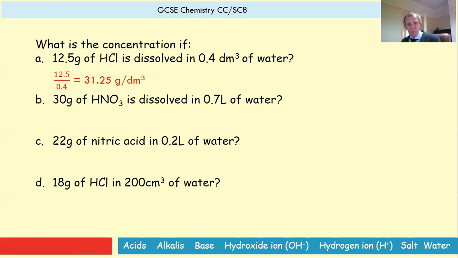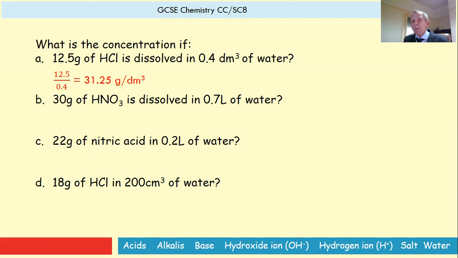The next question is 30 grams of nitric acid is dissolved in 0.7 litres of water. Now, we are at a bit of a problem here, guys, because we are using different units. You can see we've got 0.7 litres of water, but we need it to be in decimeters cubed.